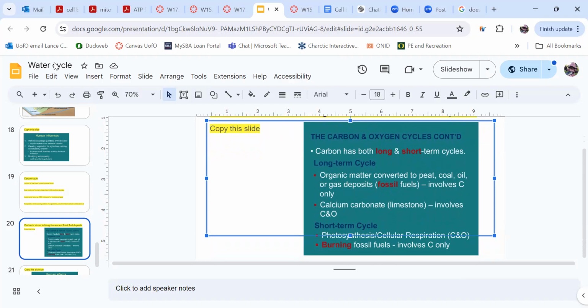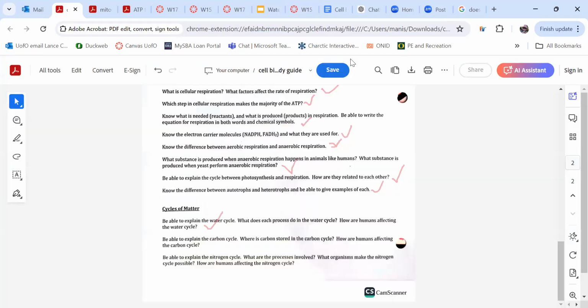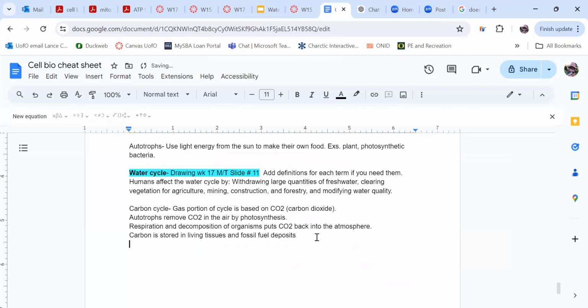Okay, and it did ask about how humans affect the carbon cycle. So might as well just put that here. Start that now. Humans affect the carbon cycle by burning fossil fuels. All right. Carbon is stored in living tissues and phosphate deposits. Carbon is also stored in limestone. Yeah, so add that and how carbon is stored: limestone, living tissues, and phosphate deposits.